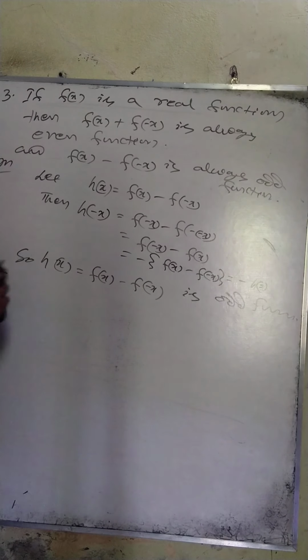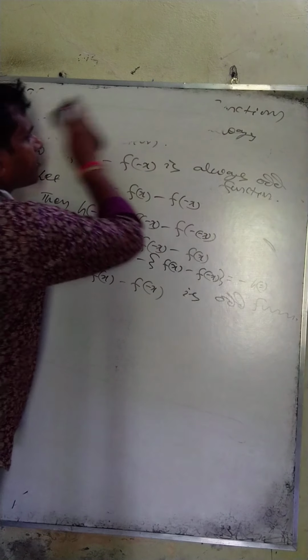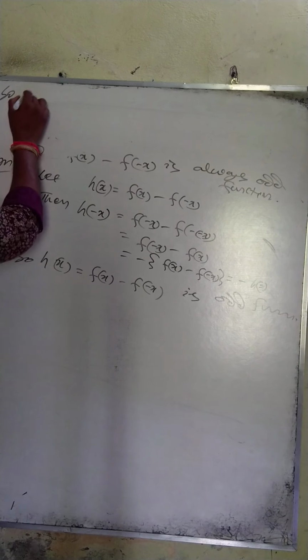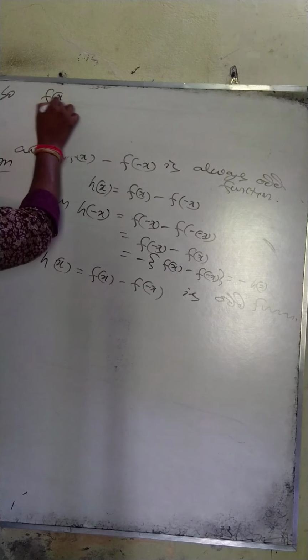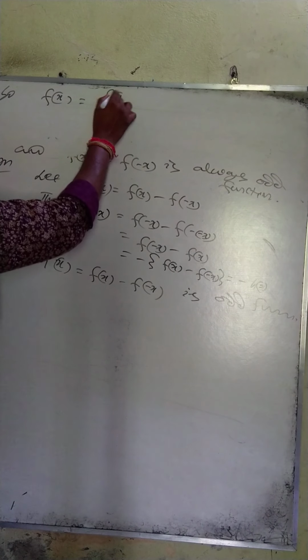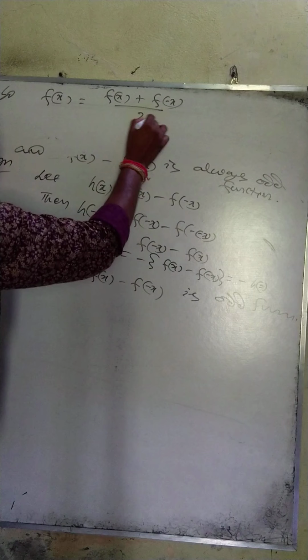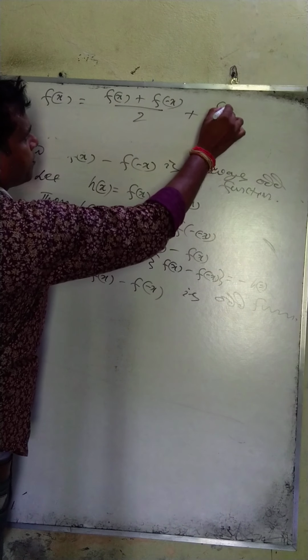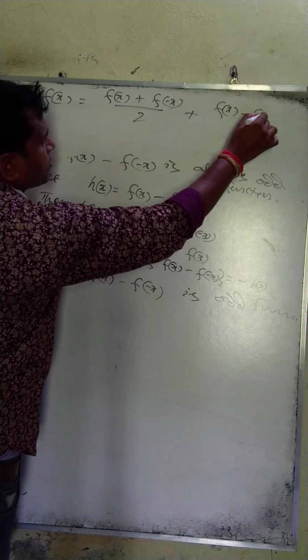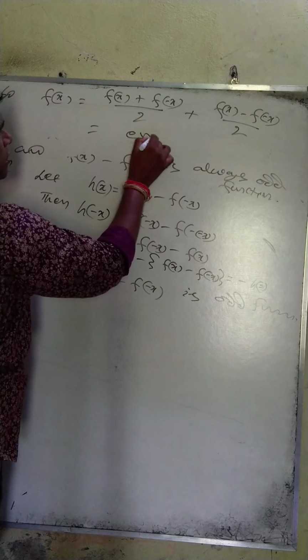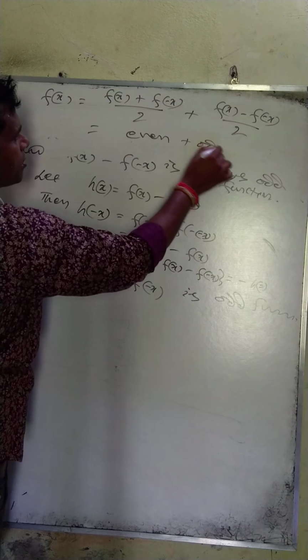So we write it, f of x equal to f of x plus f of minus x by 2, plus f of x minus f of minus x by 2, even plus odd.